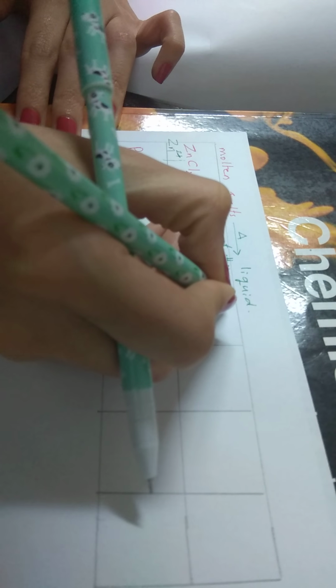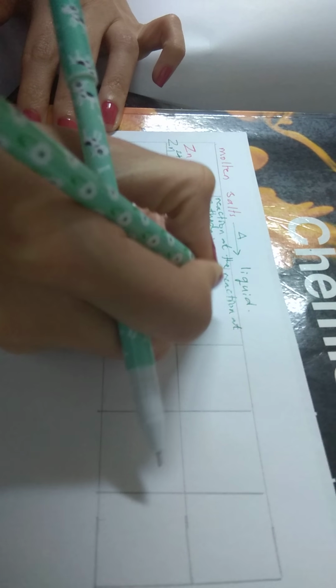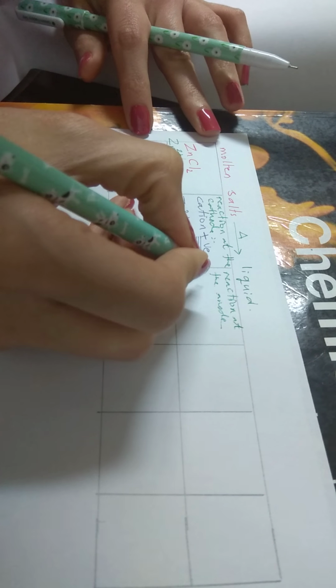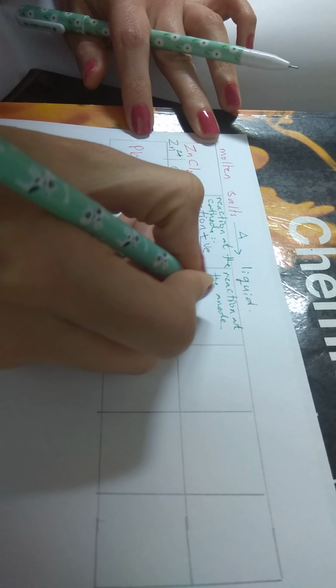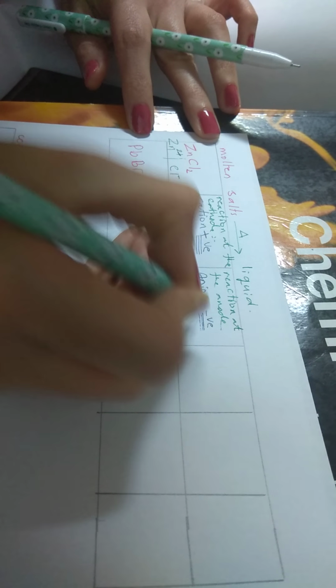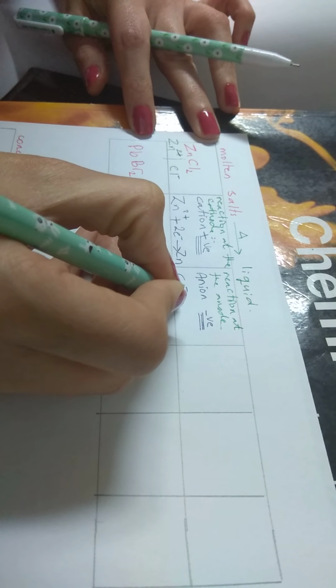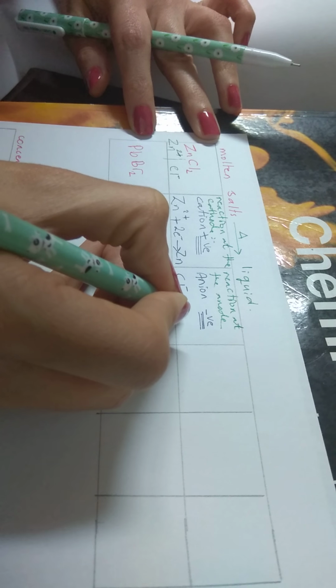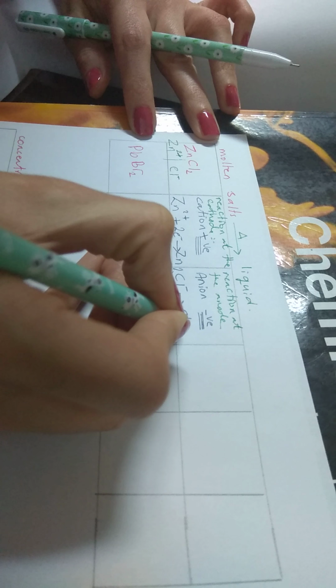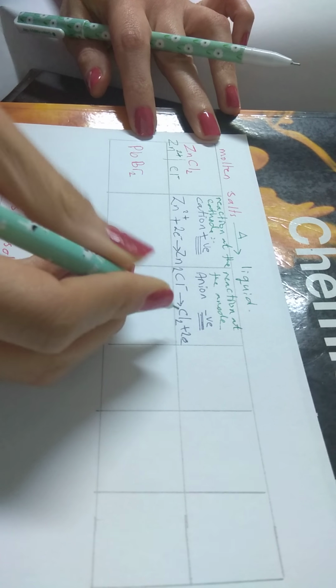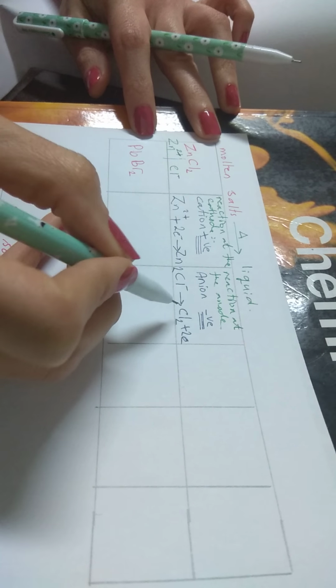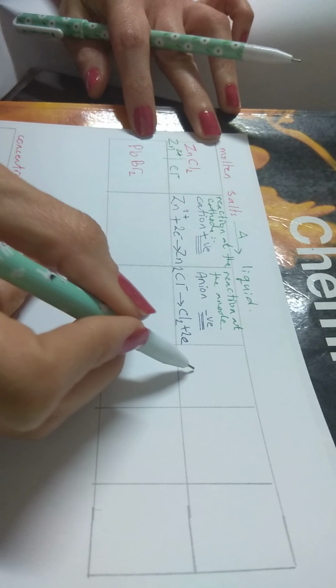Now at the anode, we will have the anion, which is the negative ion. The negative ion here is the Cl-. Cl- will be oxidized by losing 2 electrons and giving Cl2. Cl2 gas, 2 Cl- will give us Cl2 gas and 2 electrons.